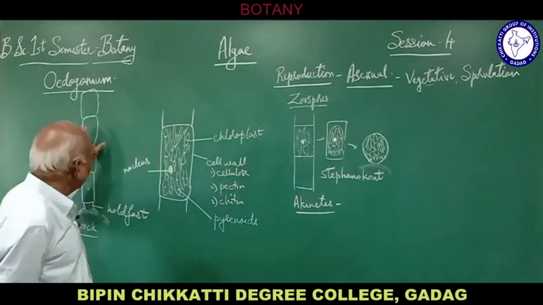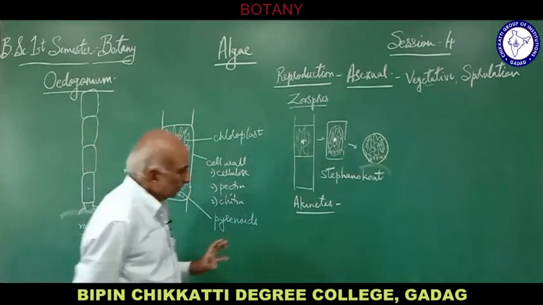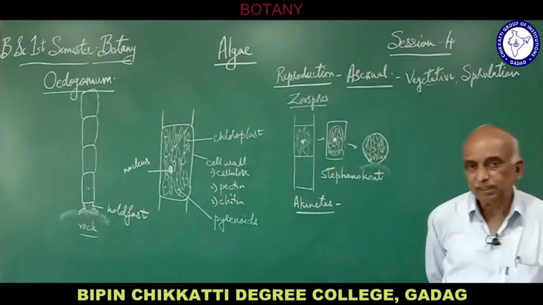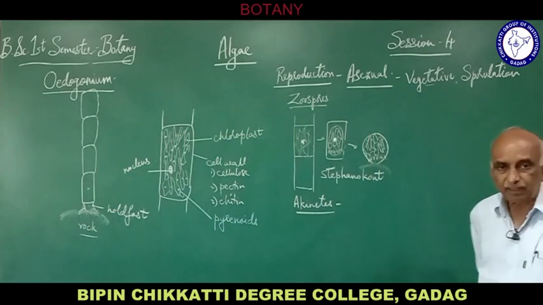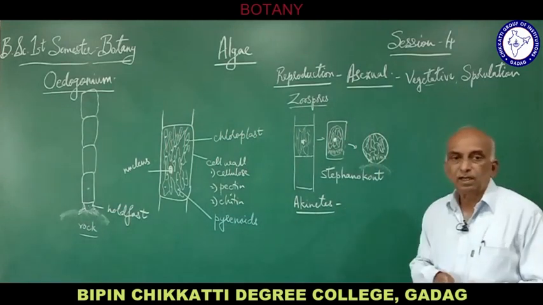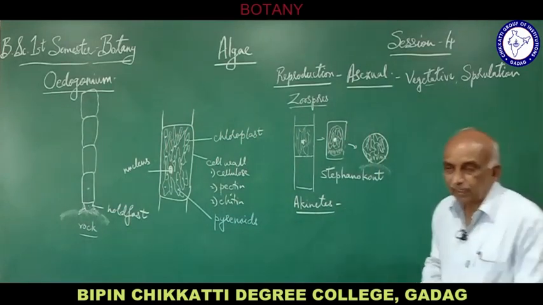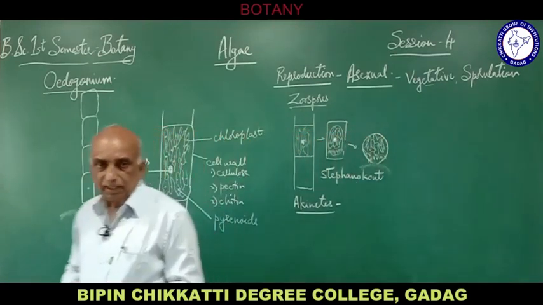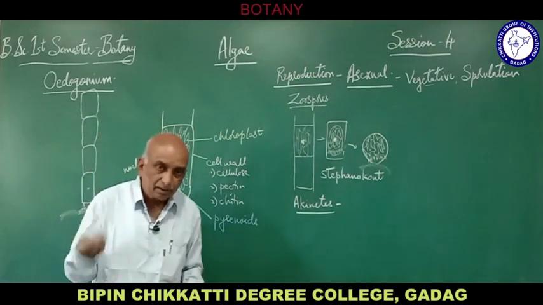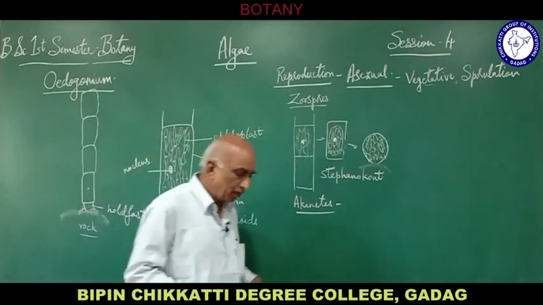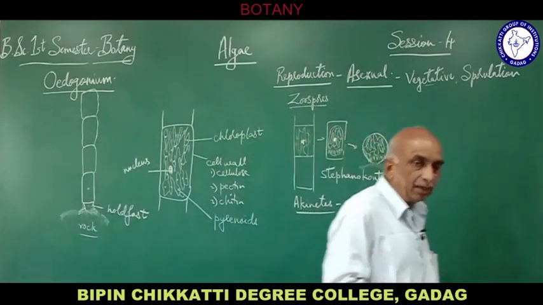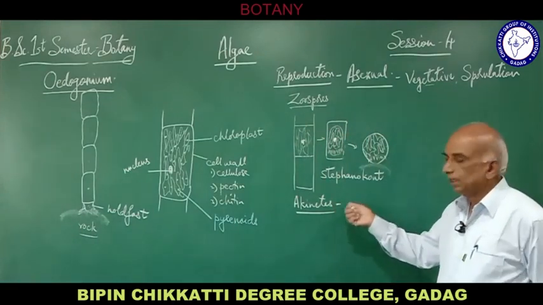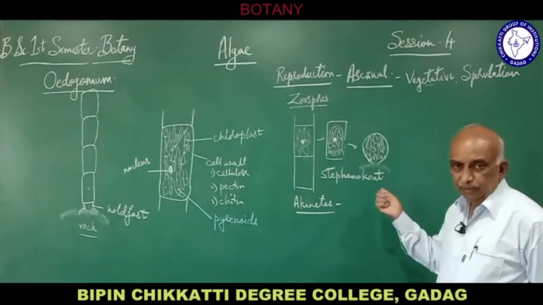In the filament, certain cells become thick walled. The wall becomes very thick, and there is storage of food material. These cells are called akinetes. The akinetes survive in extreme conditions, and in the coming favorable season they develop into a new filament by attachment to the substratum.